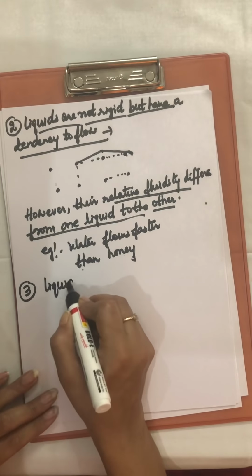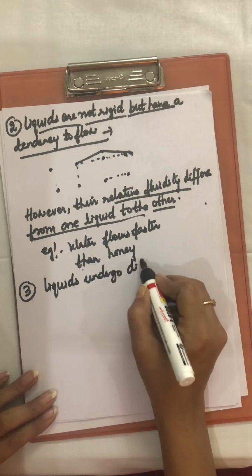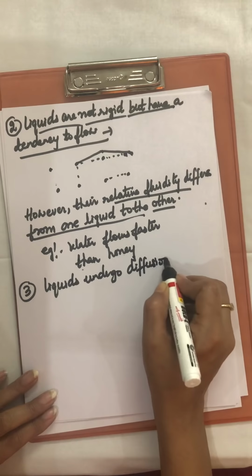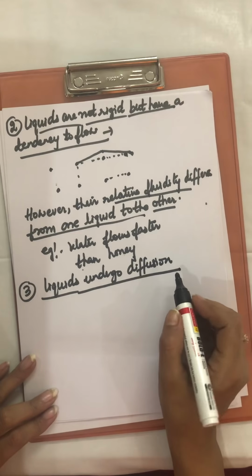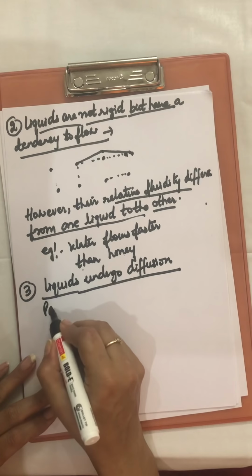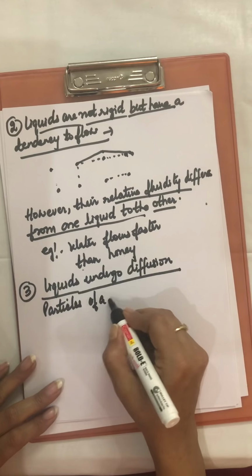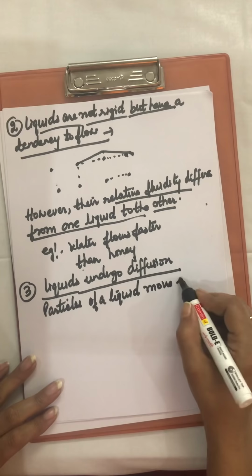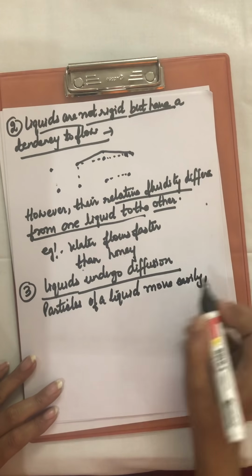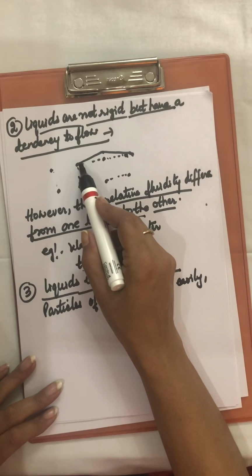Liquids undergo diffusion, that is mixing. Mixing of liquids can take place. The reason is that the particles of a liquid can move easily, because of the large interparticular spaces and the weak forces.